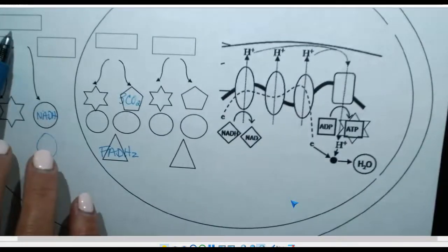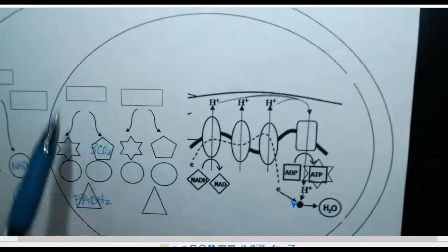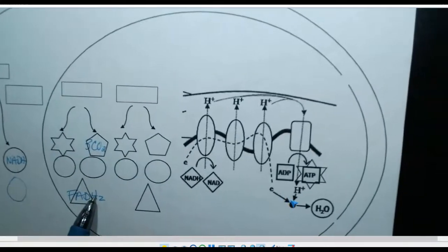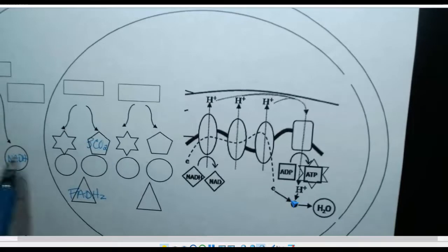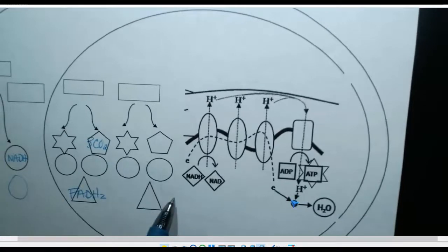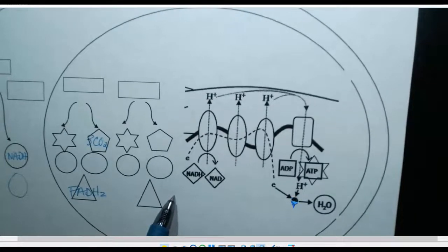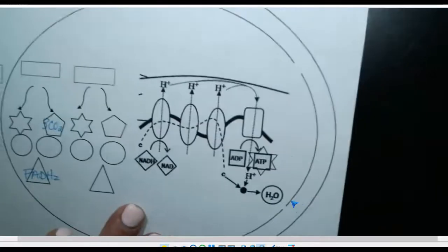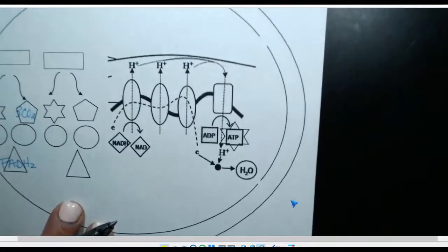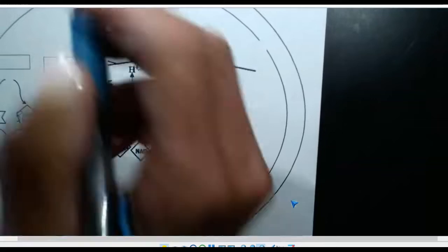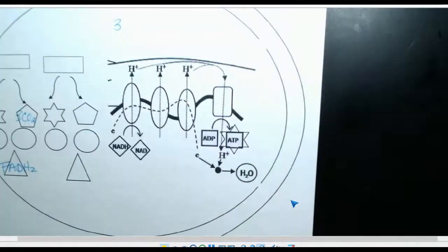So stage 1 is glycolysis. Stage 2 is what? Krebs cycle. And we've left the cytoplasm and we've moved into the mitochondria. Very good.